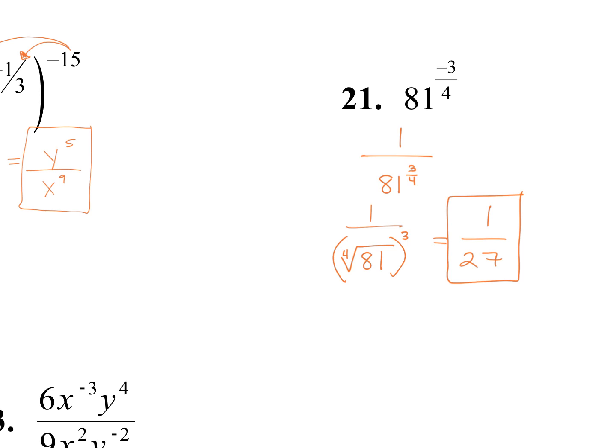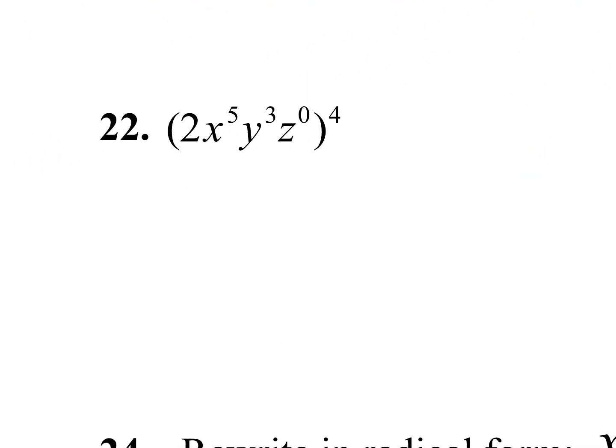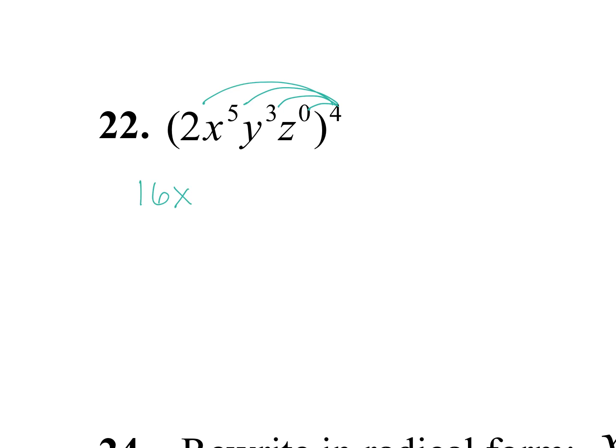Okay, 22. I think we're doing pretty good, guys. Might get through this. We're going to distribute all of these. Anyone know 2 to the 4th power off the top of your head? 16. 2 times 2 times 2 times 2. X to the what? 20th.